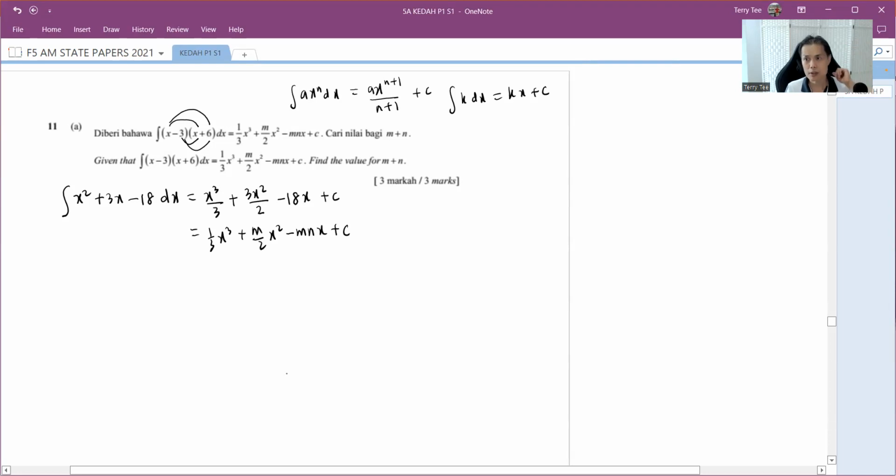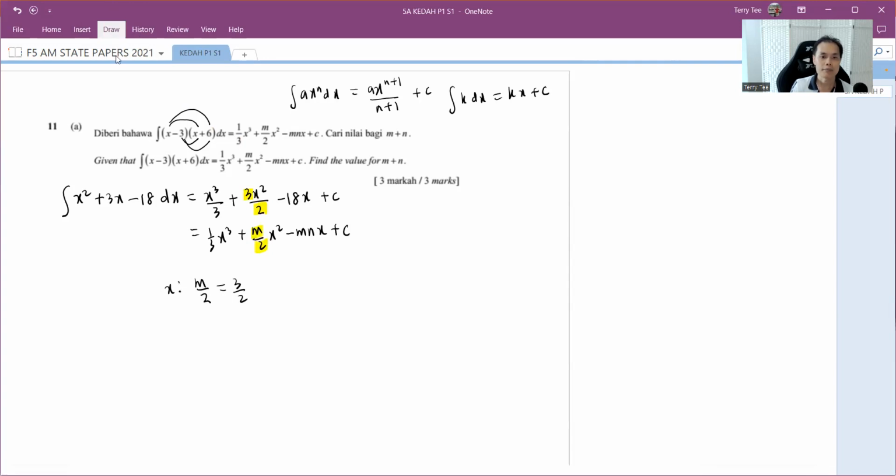It's quite similar to the question earlier for differentiation. We're comparing, but here we're comparing for integration, comparing unknowns to find the coefficient of x squared and x to find m and n. So when you compare x squared, you can see m over 2 is 3 over 2. Again, let me highlight for you. I'm comparing this with this, the coefficient. So my m is just 3.